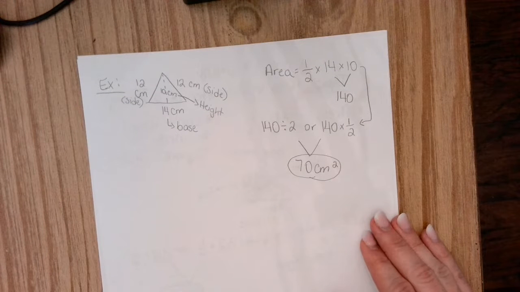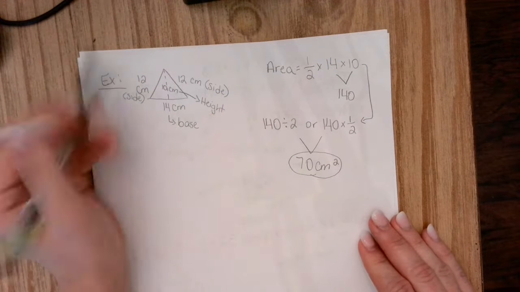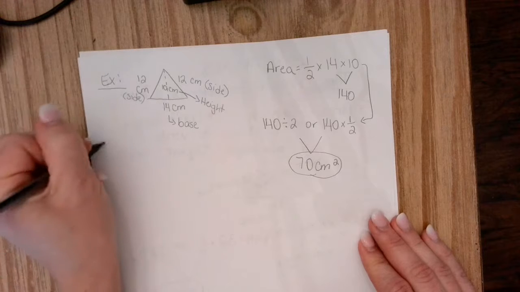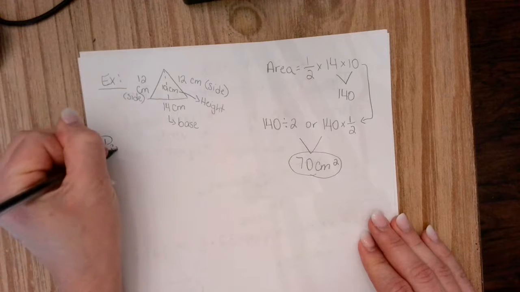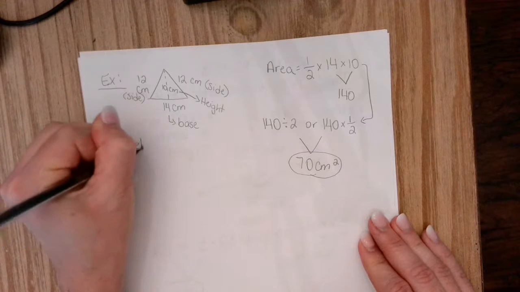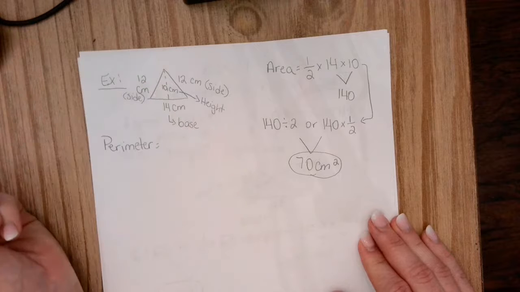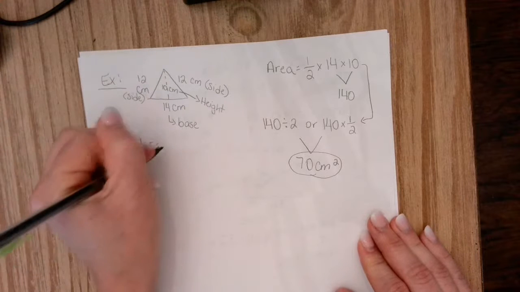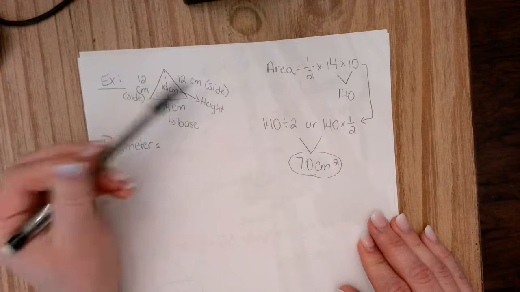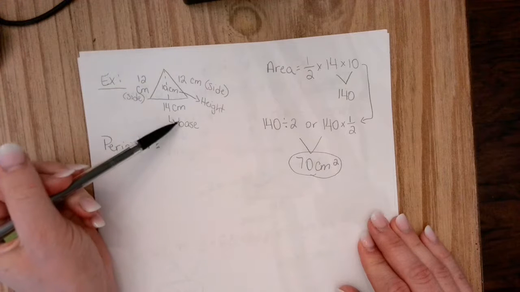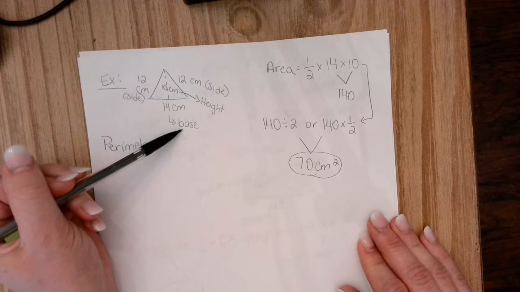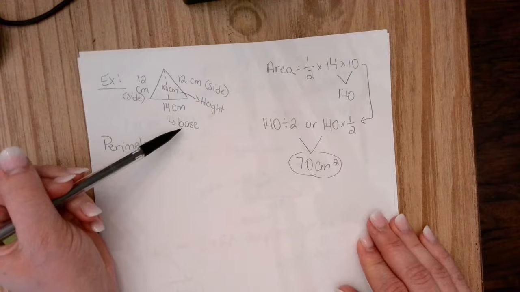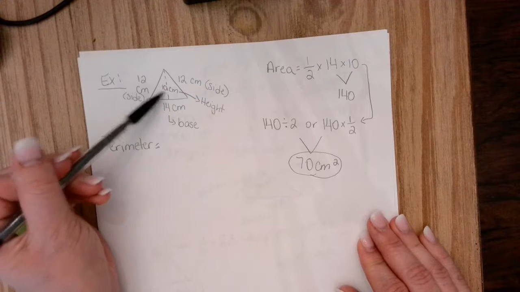And then if I want to get perimeter, I can use that same triangle. So perimeter, I'm going to take all the sides, and remember that base is now considered to be a side. The only number that I'm not using is the height number.